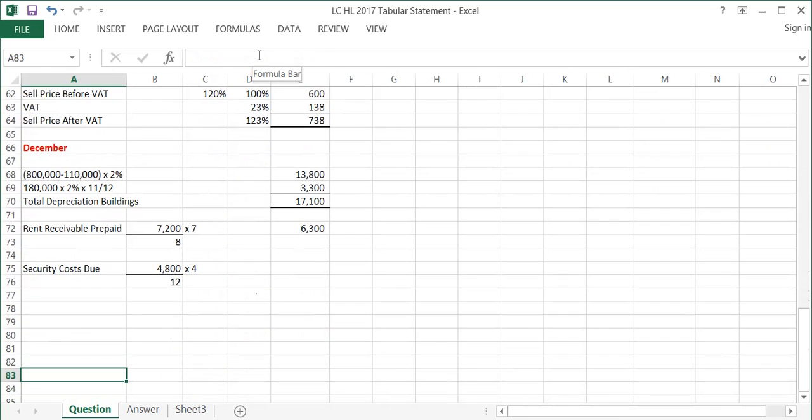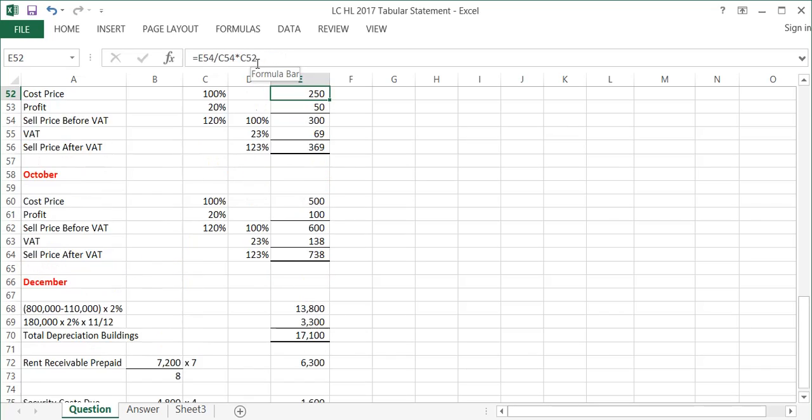Again, with the security costs, the security costs were 4,800, and they were up as far as the 30th of April 2016. So 4 of those months were for this year. If I get my 4,800, divide by 12, because this was paid for a year, and multiply that by 4, because 4 of those months were for this year, that's €1,600.